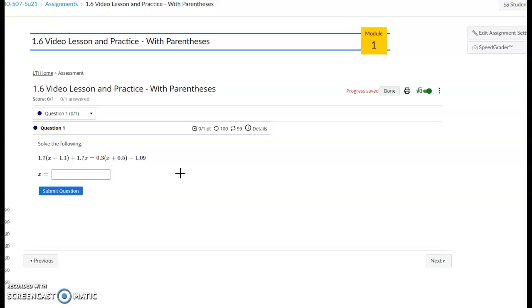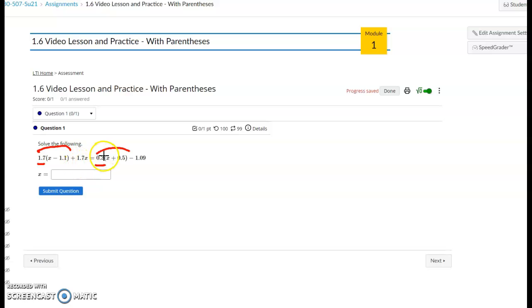Now, something to note, this is considered one term at this point because 1.7 is multiplied by both of those. And also, this whole thing is considered one term. So when we multiply, we'll only need to multiply that 1.7 and the 0.3 because those eventually will be distributed into both, so it'll take care of itself as it gets distributed in.